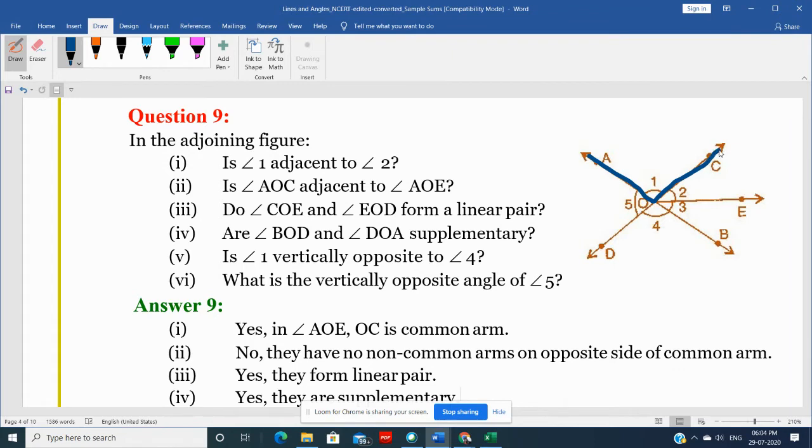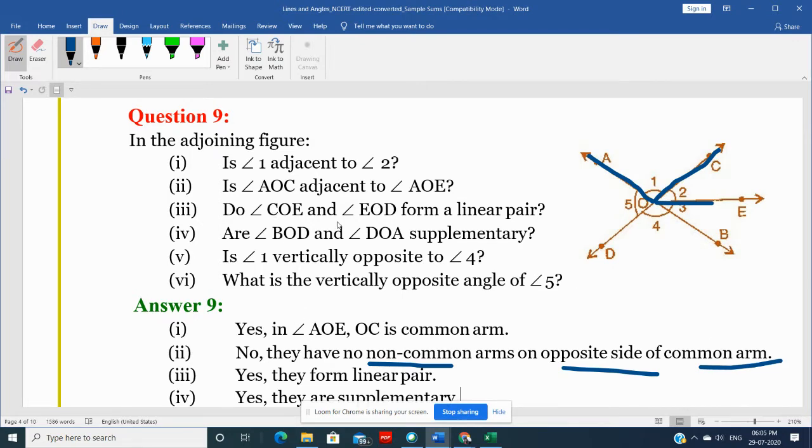It should be straight. Is AOC adjacent to AOE? Well, that's not possible, because AOC and AOE are not adjacent, since they have no non-common arms on either side of the common arm.